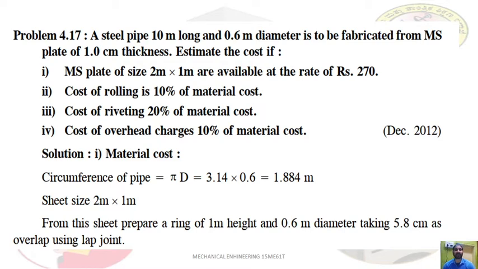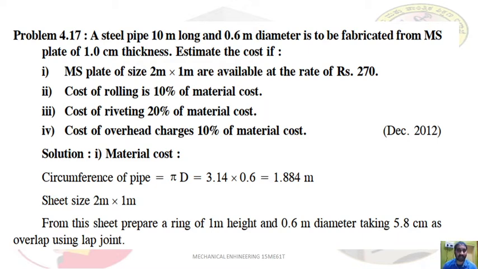So the material cost: the size of the sheet required is in terms of diameter and in terms of length. The 0.6 meter is the diameter of the pipe. If you develop this 0.6 diameter pipe, the length required for this sheet is pi into d, that is diameter into pi.